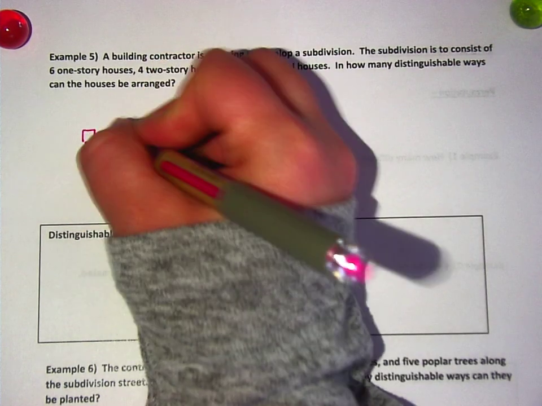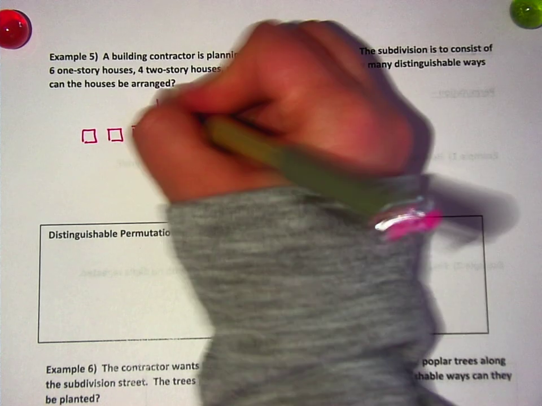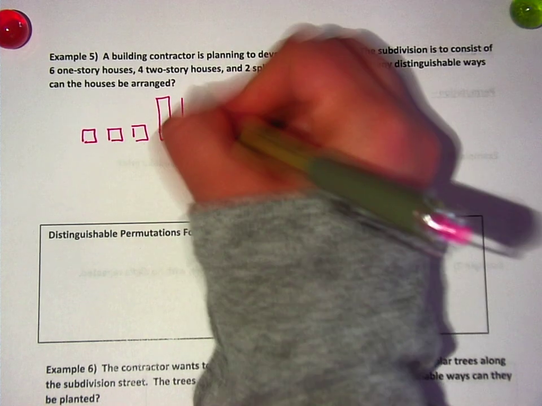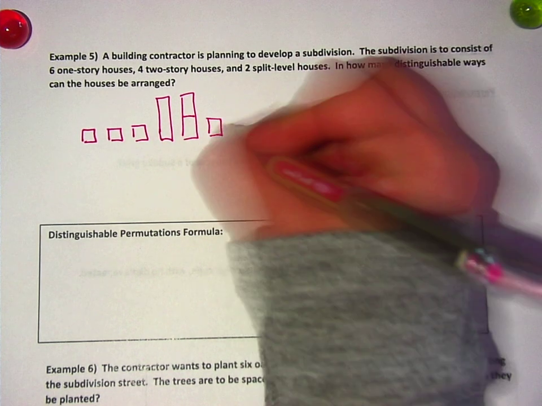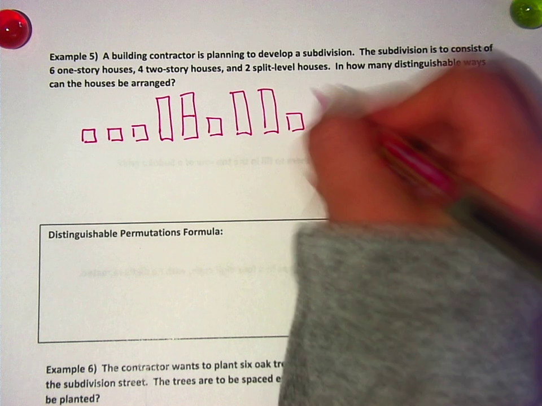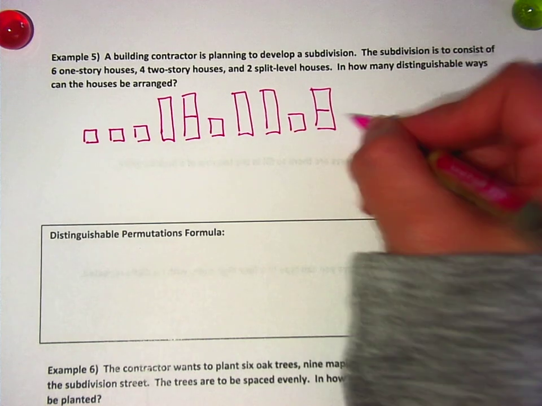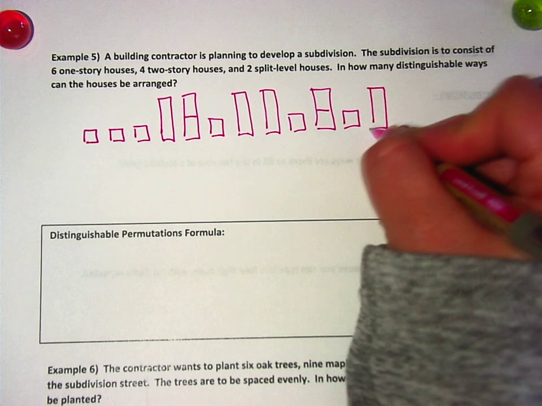So I'm going to start drawing pictures. So we got some one-story houses, and then maybe we got a 2-story house thrown in, and then I'm going to call this a split-level house. And then maybe another tall one, little one, another split, another one, and another tall one.